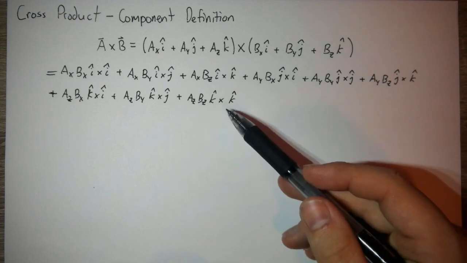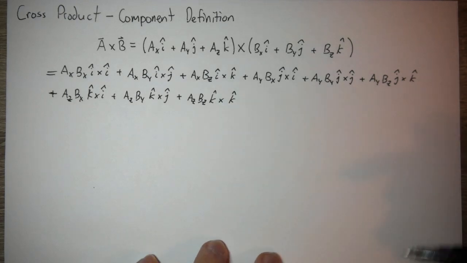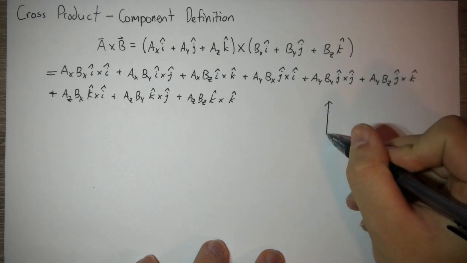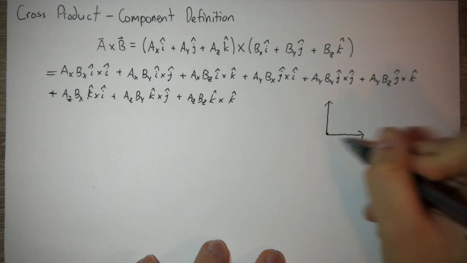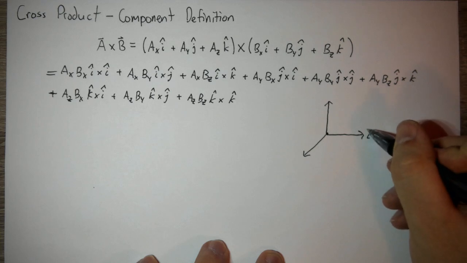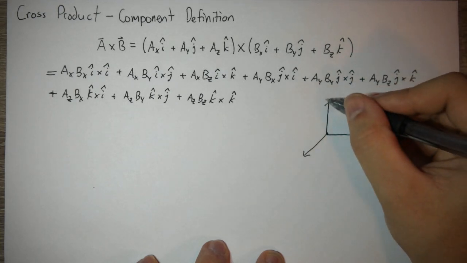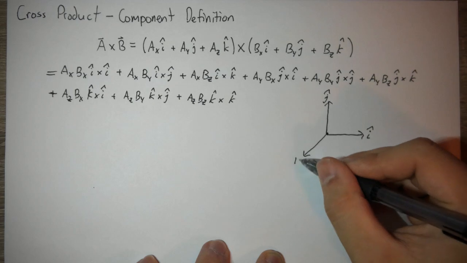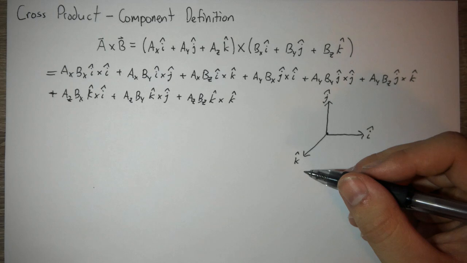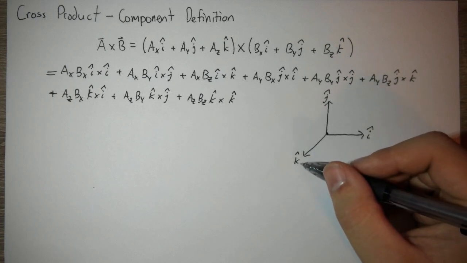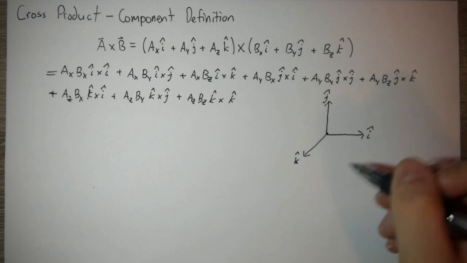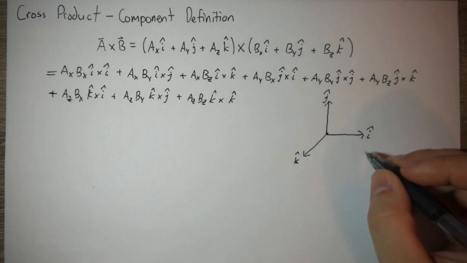So what we're going to do is simplify this equation here, and I'll start by drawing out our coordinate system. So if we have three dimensions here, with our x direction, y direction, and z direction, what we can do is think about the relationships of these three directions in terms of the properties of our cross product.